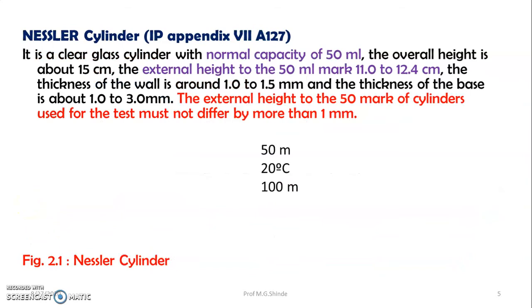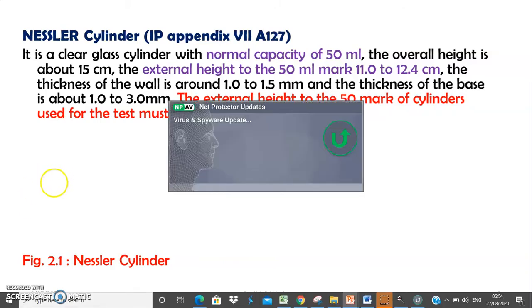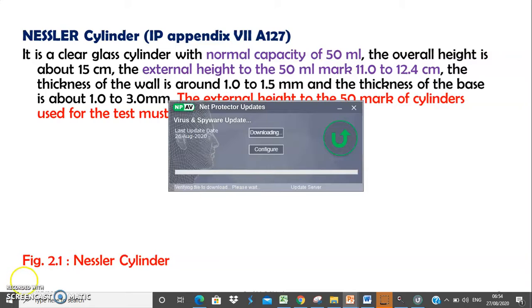The Nessler cylinder, as per the IP requirement, is a clear glass cylinder with a nominal capacity of 15 ml. The overall height is about 15 cm. The external height to the 15 ml mark should be 11 to 12.4 cm. The thickness of the wall is around 1 to 1.5 mm, and the thickness of the base.